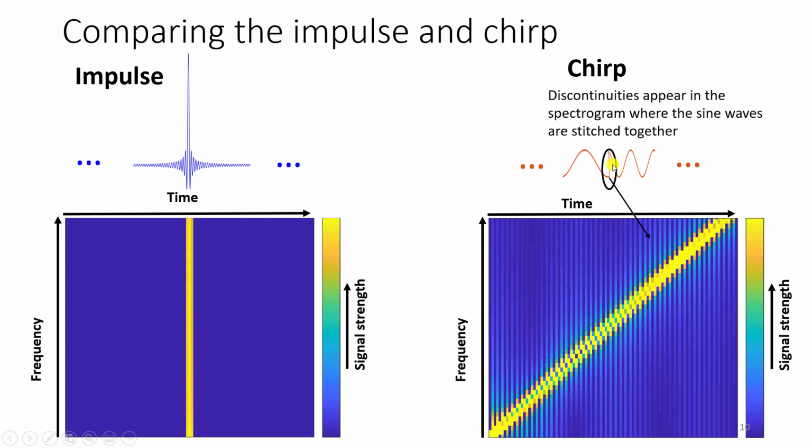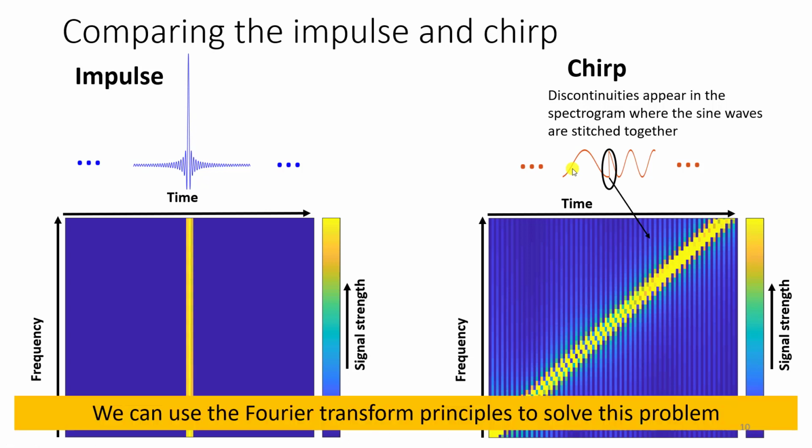And this results from this abrupt change in angle when we join together the sine waves. Now, if we want to remove this, which we do, we need to explore how the sine waves are generated. And here again, we can use the Fourier transform principles to solve this problem.